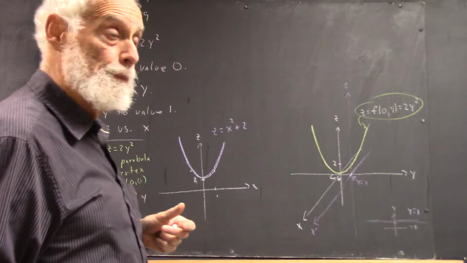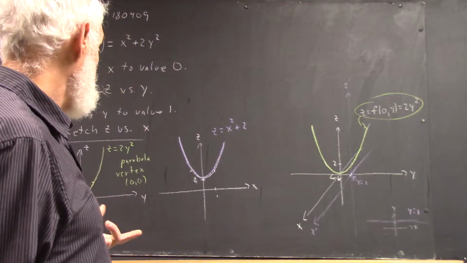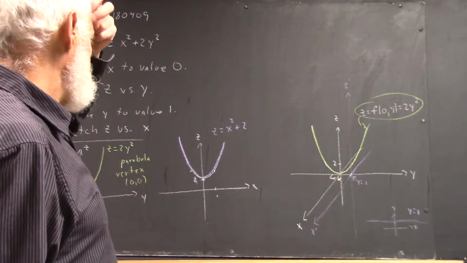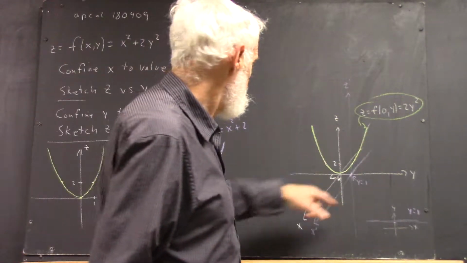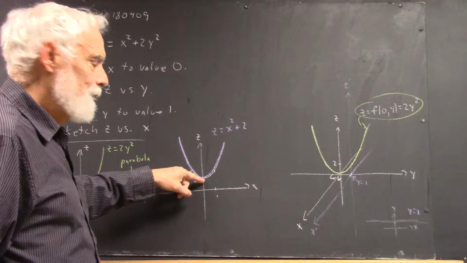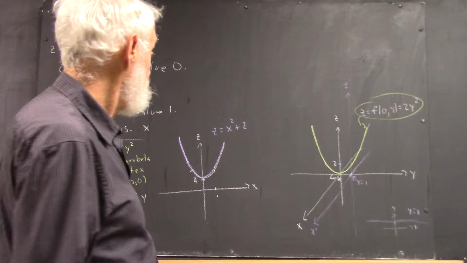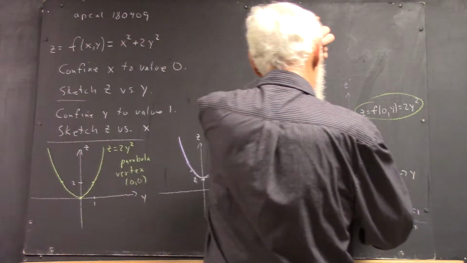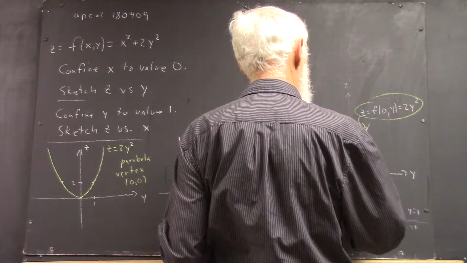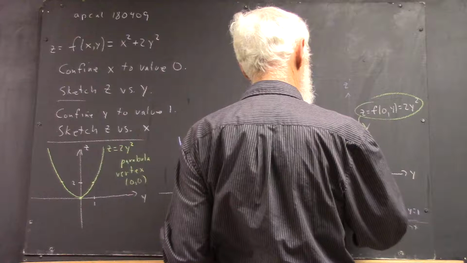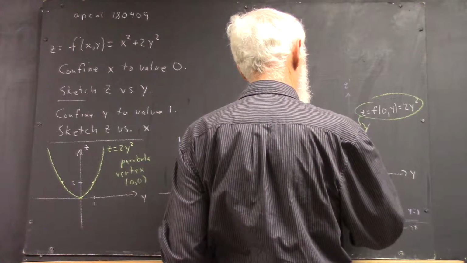Okay? And now my graph is going to start at the point on this, which is 2 units above the origin of that axis. So I come up 2 units, and I'll be at some point here.